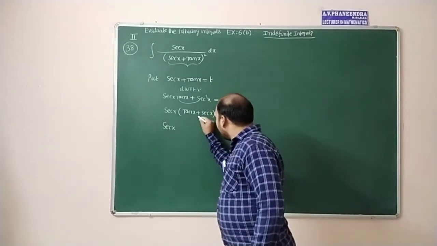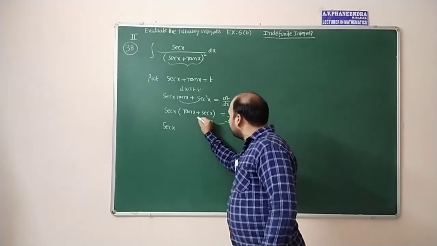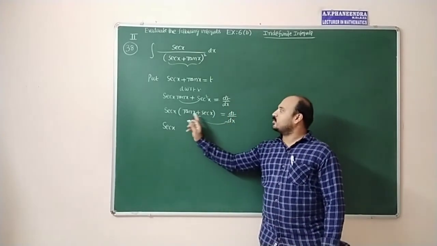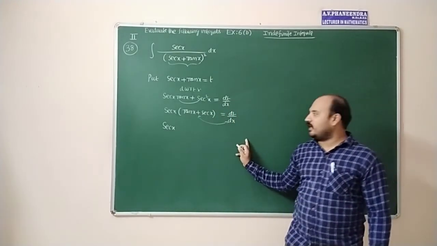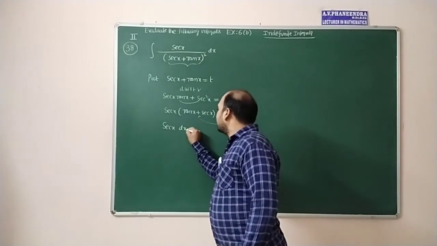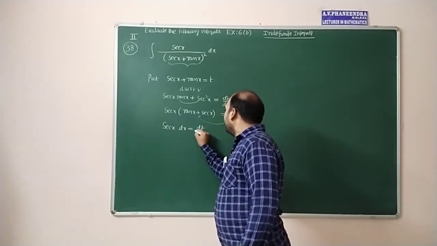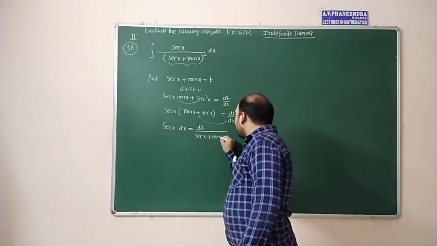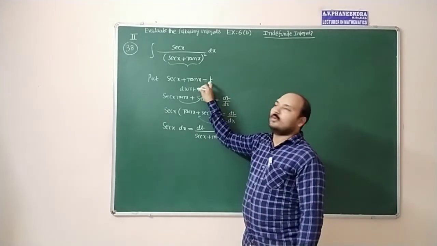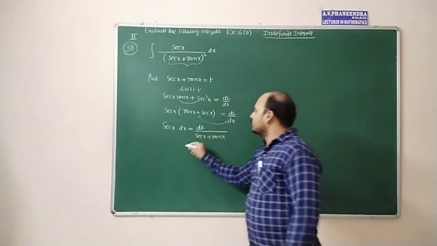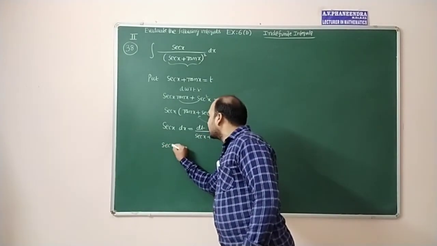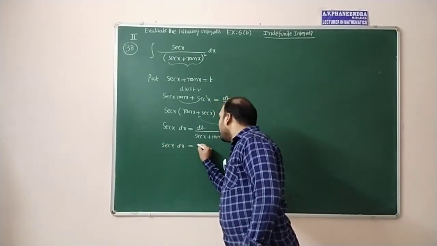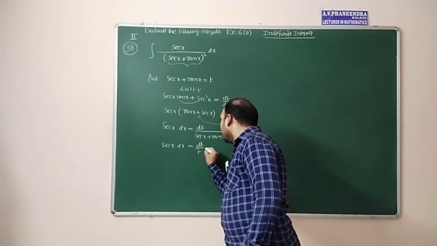These two values we are going to interchange in their places. Secant x into dx is equal to dt by secant x plus tan x. We know that secant x plus tan x is equal to t. So secant x into dx is equal to dt by t.